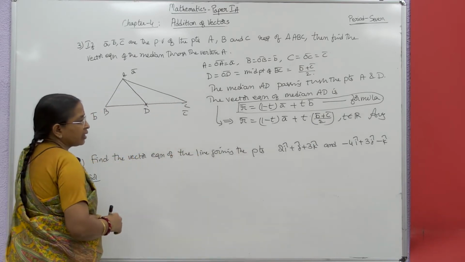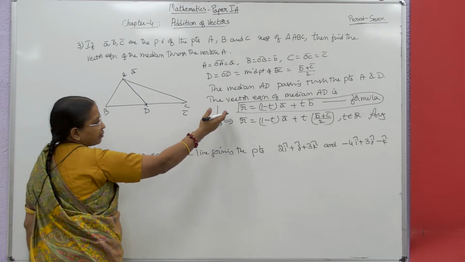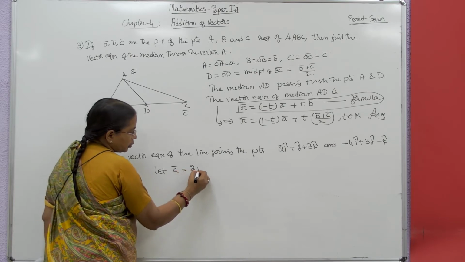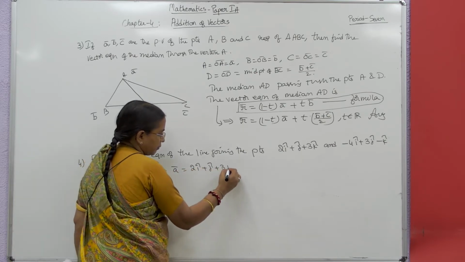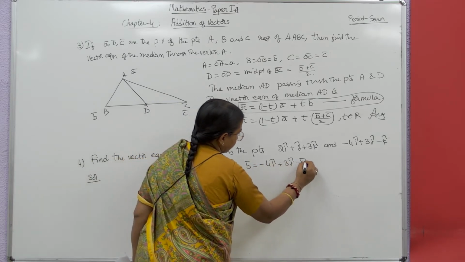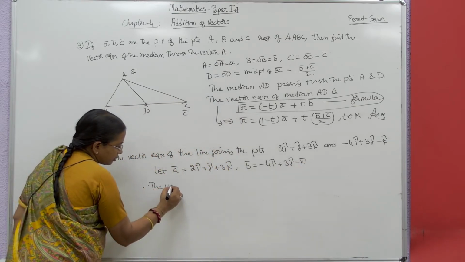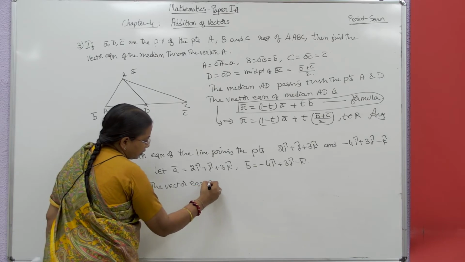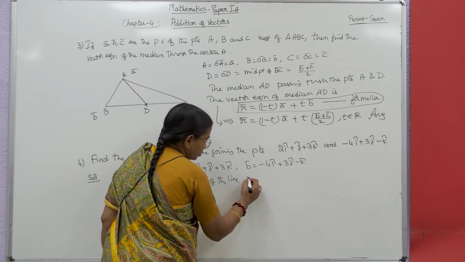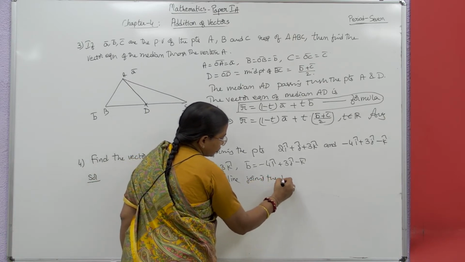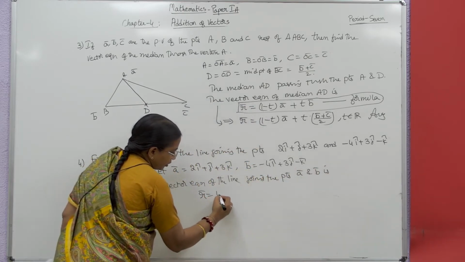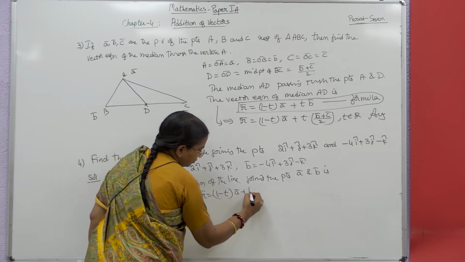Next is the vector equation of the line passing through 2 points. So it is a direct problem. Suppose that the points are A is equal to 2I plus J plus 3K, and B is equal to minus 4I plus 3J minus K. So therefore the vector equation of the line joining the points A and B is r is equal to 1 minus T into A plus TB.